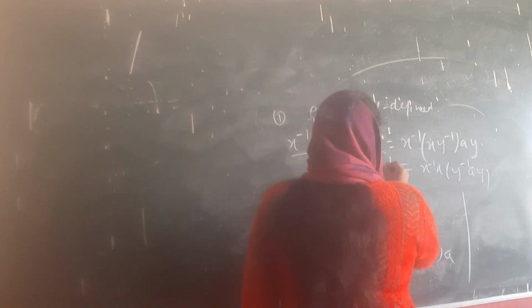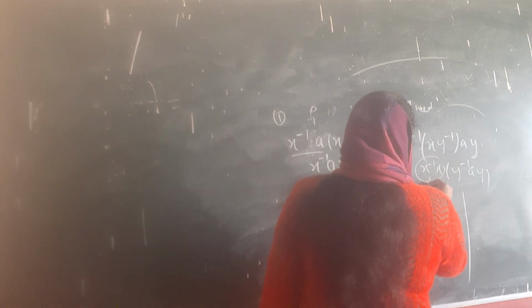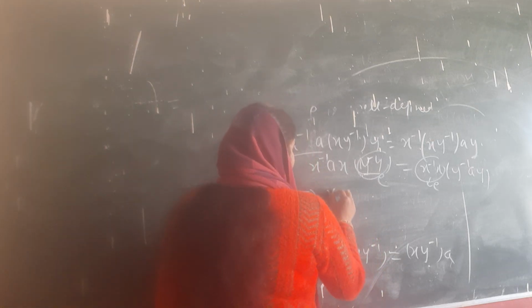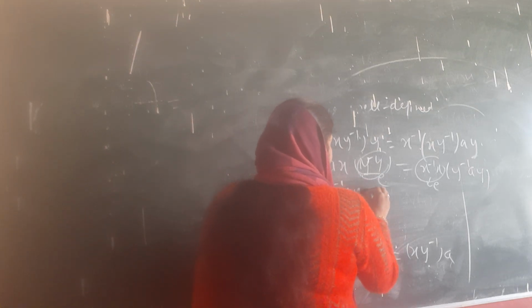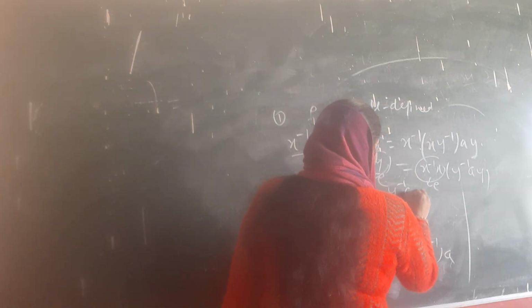This element is equal to identity and this product is also identity. X inverse A x is equal to y inverse A y.